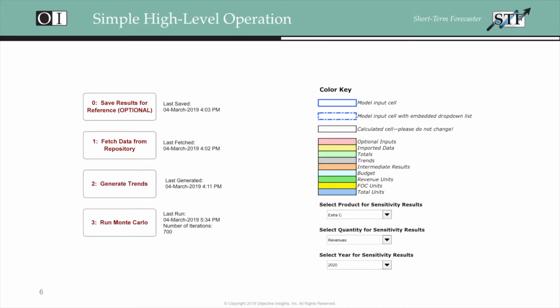You'll notice to the right of each of those buttons there's a time and date stamp for when that button was last pushed, and for the Monte Carlo button, it also has the number of iterations last used. To the right of that is a color coding scheme, so that we keep certain elements of the model clear by labeling them with certain colors and cell formatting.